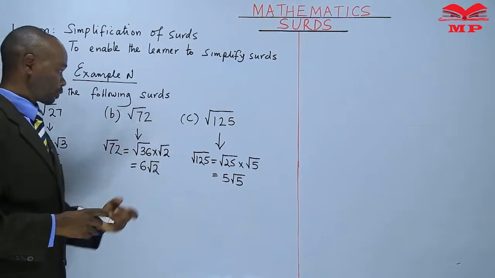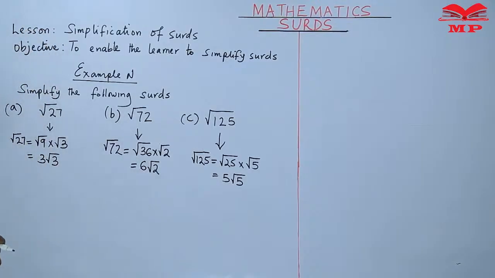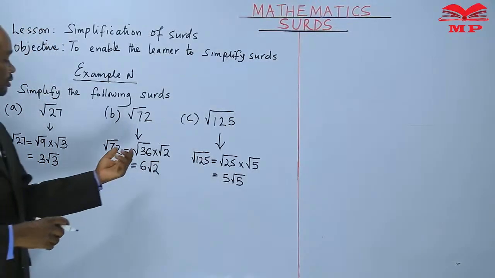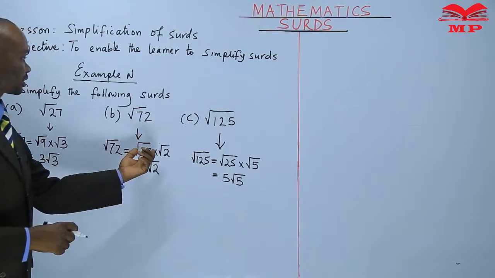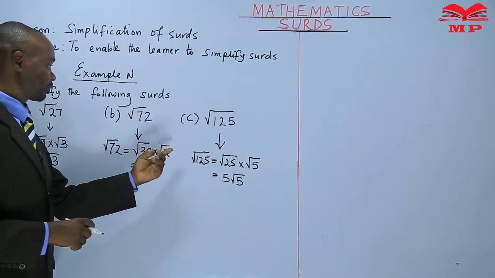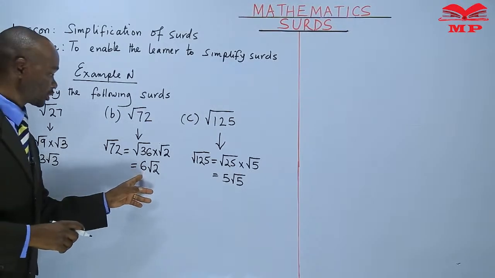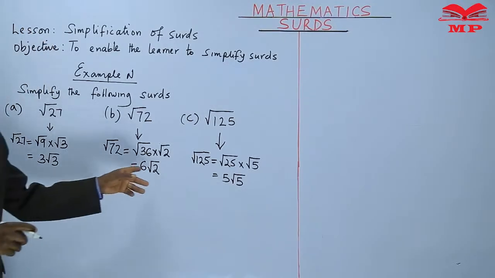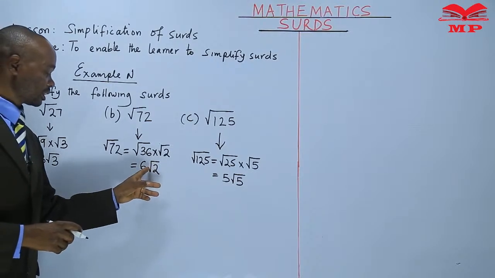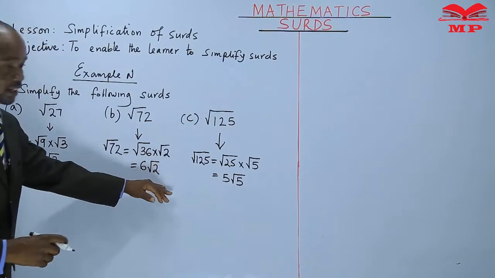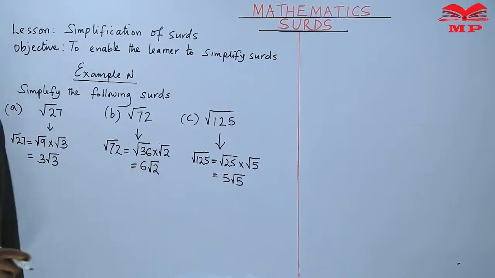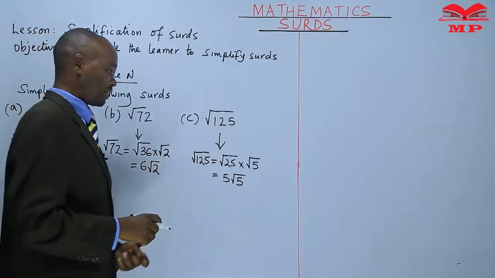We move to square root of 72. From there, we can pull out 36 times square root of 2. But 36 has a perfect root. That's why we have 6 there, and 2 remains as square root of 2 to qualify the simplification as a surd.